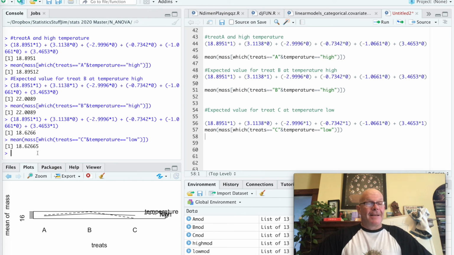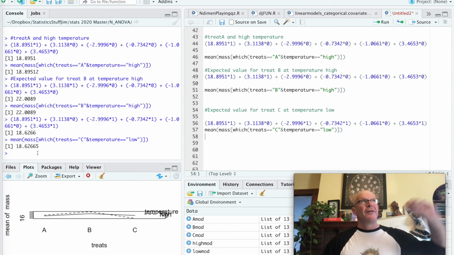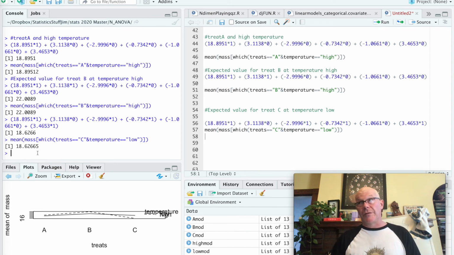And again, understanding how these model matrices work is important, because when you explore higher statistical methods like doing linear modeling in a Bayesian framework, oftentimes those software packages will ask you for the model matrix. They won't do it for you behind the scenes like the lm function does, because the lm function is just trying to be nice to everyone.